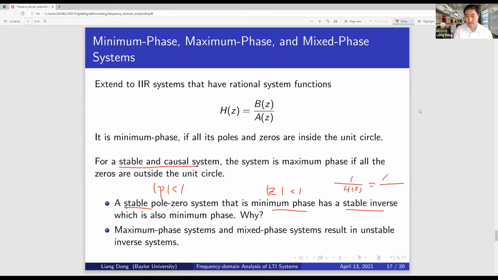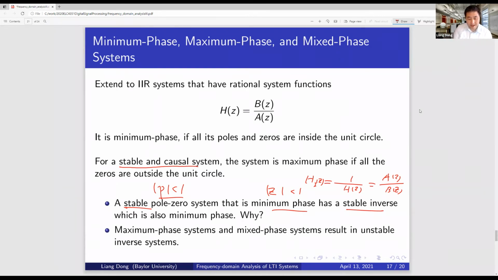So that becomes A(z) over B(z). This is my inverse system. Let me call it Hi. So for the inverse system, we just exchange zeros to poles and poles to zeros. Therefore, those poles are within the circle. So for the inverse system, the zeros are also within the circle. So that's a minimum phase system.